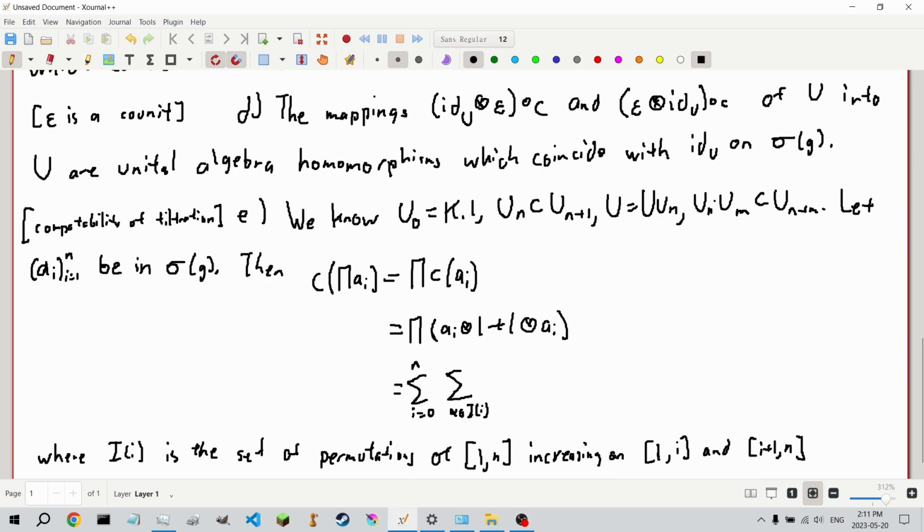And then with that in mind, this is the product of A of alpha j, where alpha is our permutation, for j equals 1 through i, tensor the product of A of alpha k, where k is going to be i plus 1 through n.